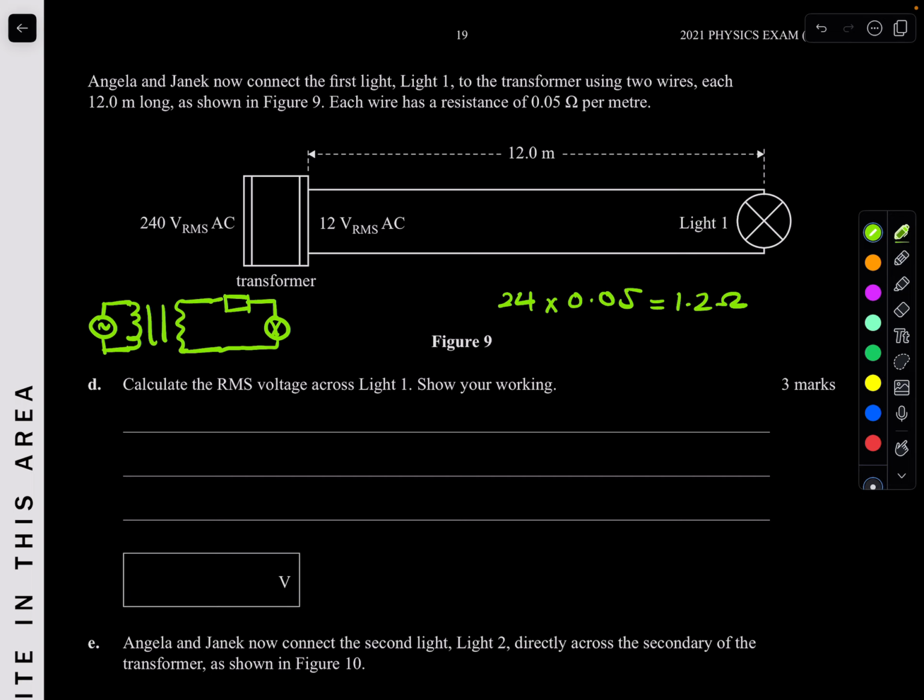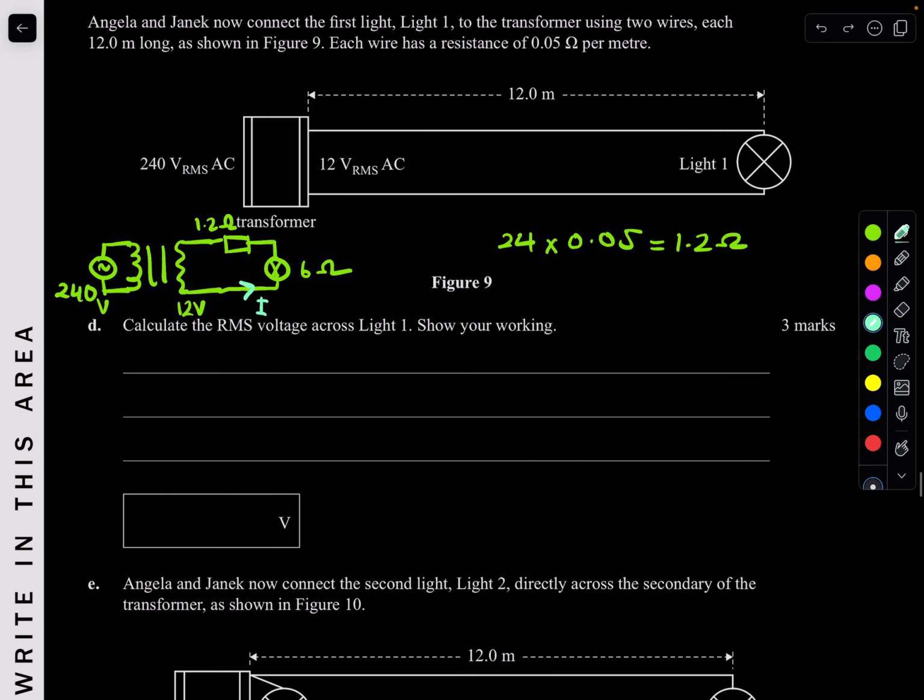So this is going to be 240 volts, and this here is going to output 12 volts, and we know this is 1.2 ohms, and each light has 6 ohms. If we want to calculate the RMS voltage across light 1, we can easily calculate the current running through the secondary circuit here, because we know overall this is a series circuit, so we can add to get the overall resistance.